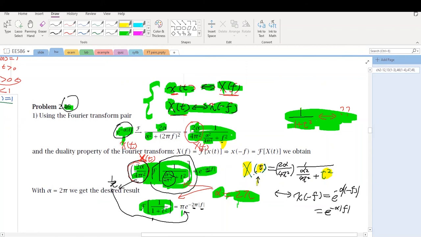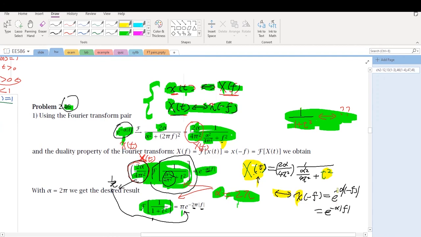What's the Fourier transform of big X(t) now? According to the duality, that's small x of minus f. So if I take the Fourier transform, look, this is the arrow, the Fourier transform of big X(t) will equal x of minus f. So I'm going to find x(t) and replace t by minus f.